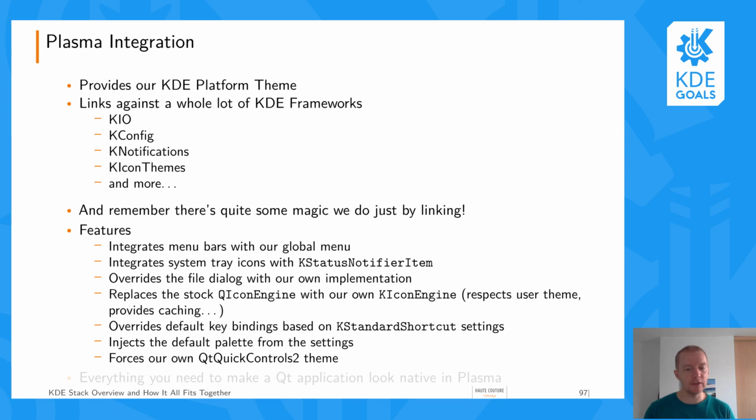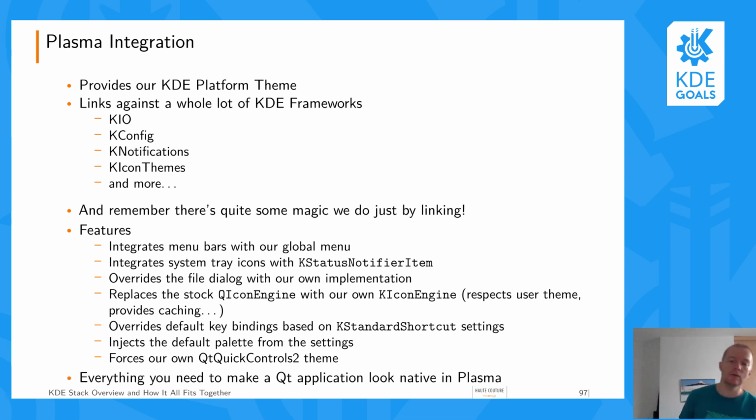Injecting the default palette from the settings. Done. Forcing our own Qt controls to theme. Done as well. Okay, so that's all the things we enable just because under Plasma Workspace, it's picking the right platform theme. That's basically everything you need to make a Qt application look native in Plasma, okay?